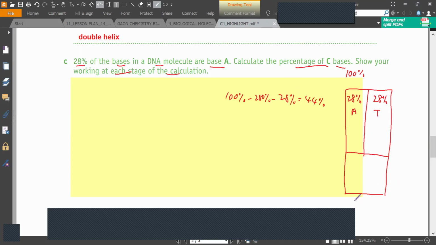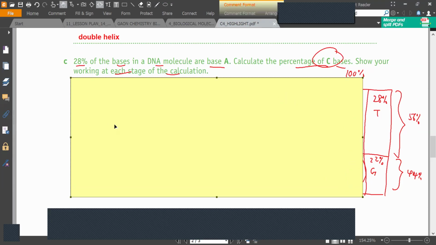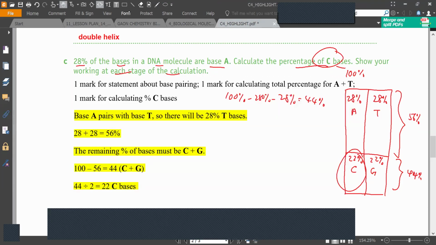So this part is 56%, 28 plus 28, and this part is 44%. Which means C and G will be equal, 22% and 22%. So that's how we work out how much of the C bases. So the final answer is 22% of the C bases.